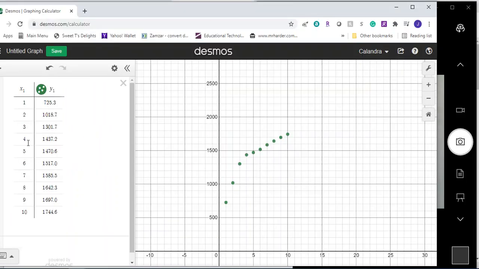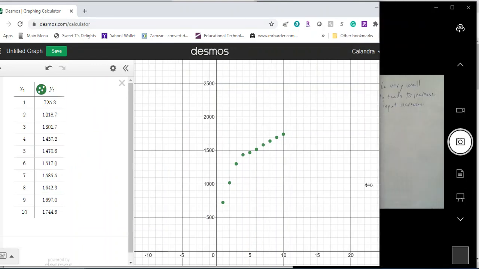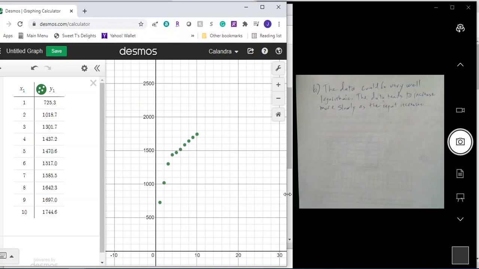When I put down that the data could very well be logarithmic, the data tends to increase more slowly as the input increases. Now remember, the input is your X values. And when they talk about the data, it ends up being your Y value, which is basically showing the final answer for the data.